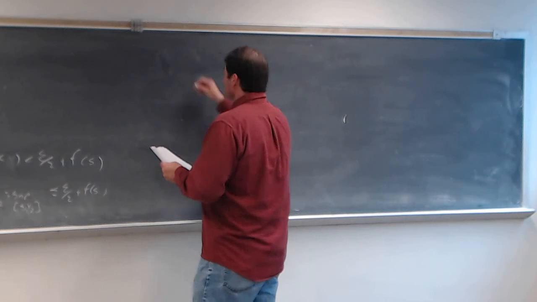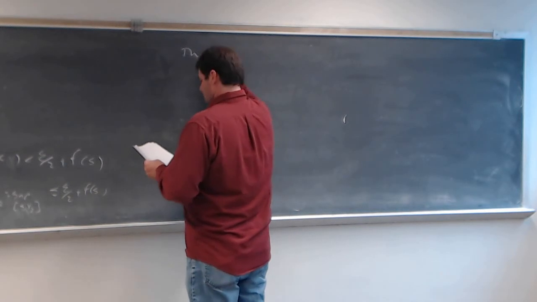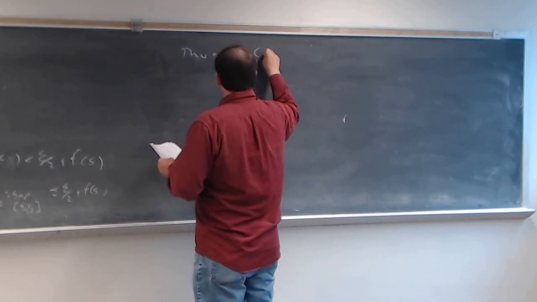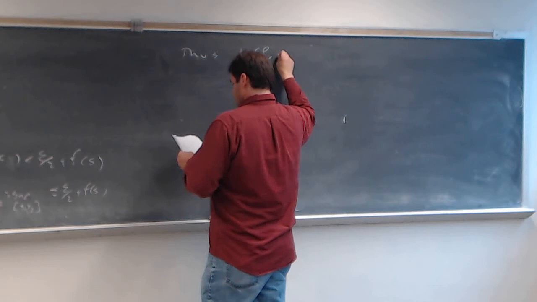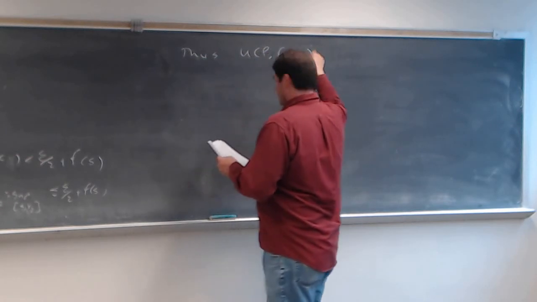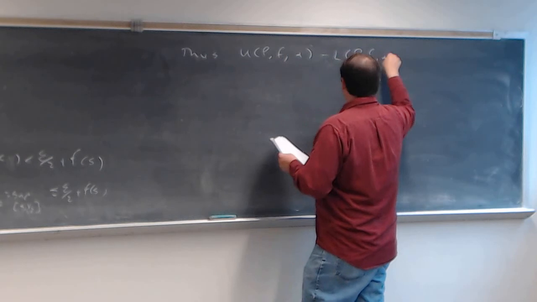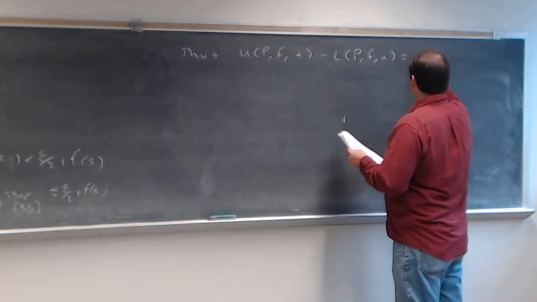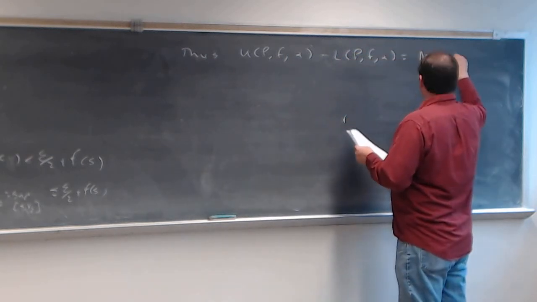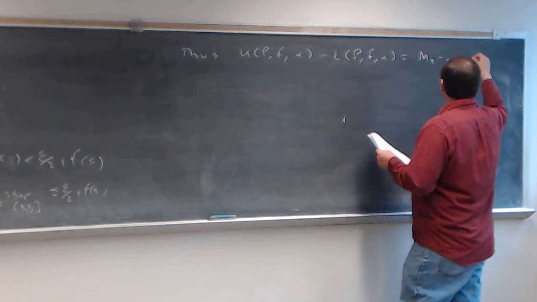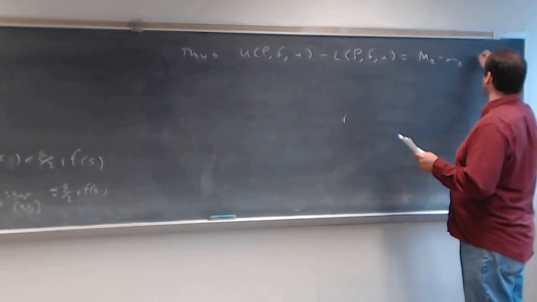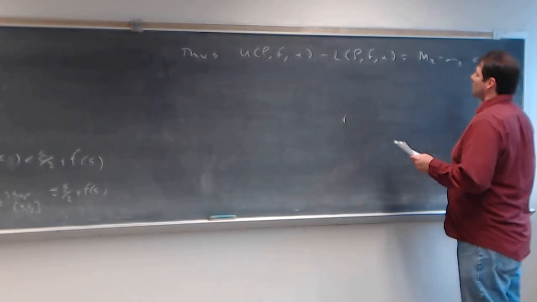Okay, thus the upper sums of such partitions minus the lower sums of such partitions is equal to big M sub 2 minus little m sub 2, which is going to be less than epsilon.